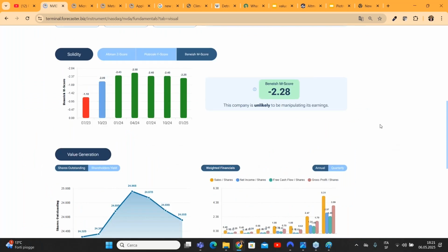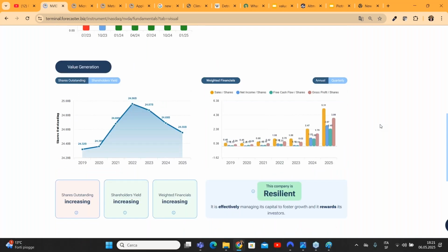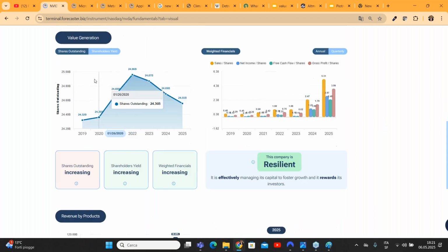If the company is solid enough, we can go deeper and analyze the value generation, which is another chapter inside the fundamental layer. And here we have a very nice parameter, which is the shares outstanding.